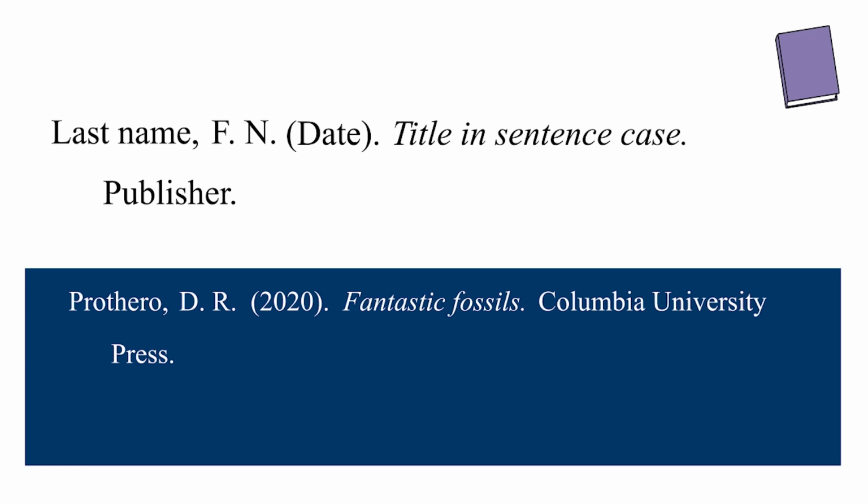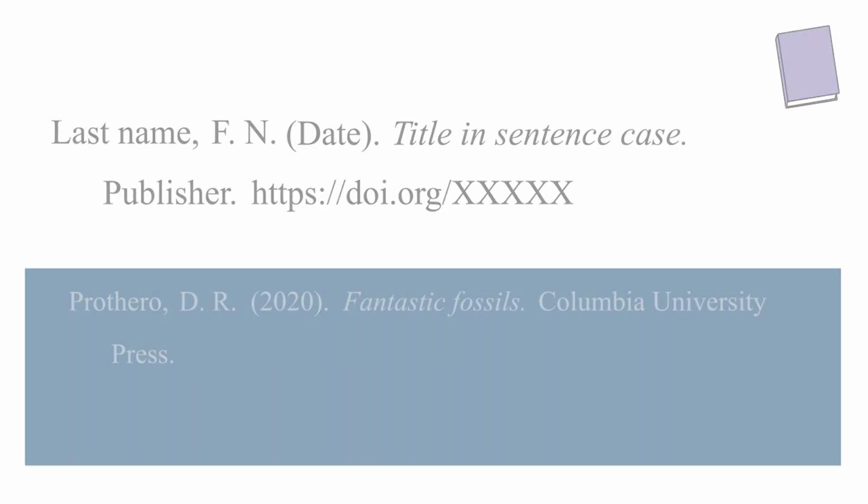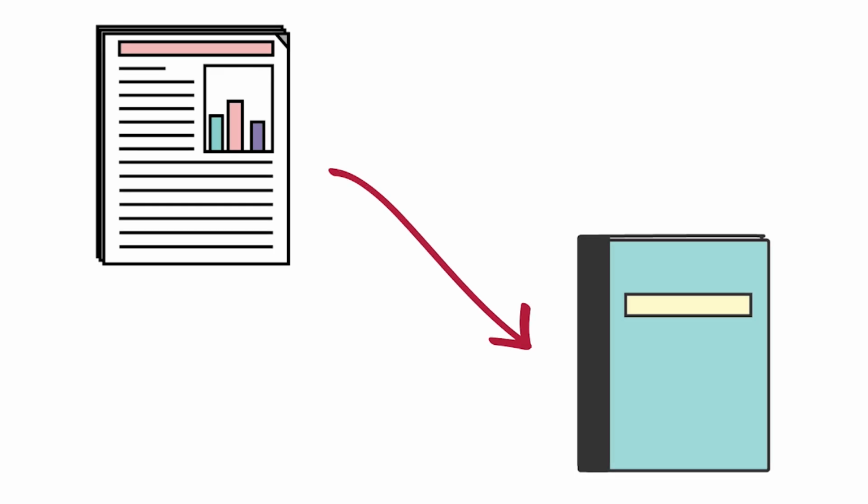Some newer books might also have a DOI, or Digital Object Identifier, which is a unique identifier for articles, books, and other materials. If it has a DOI listed, add this number with the prefix https://doi.org/.